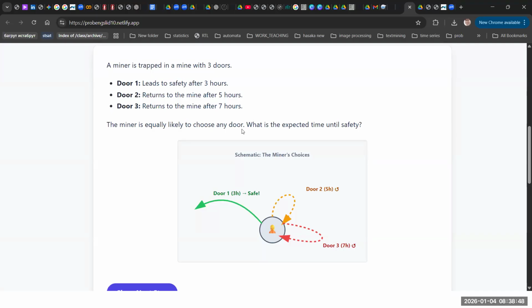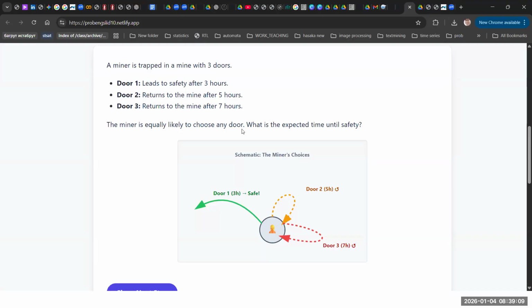And in the first part, we want to find the expected time until he gets home. This is the question. Is the question clear? It's an interesting question because his travel can be infinite.